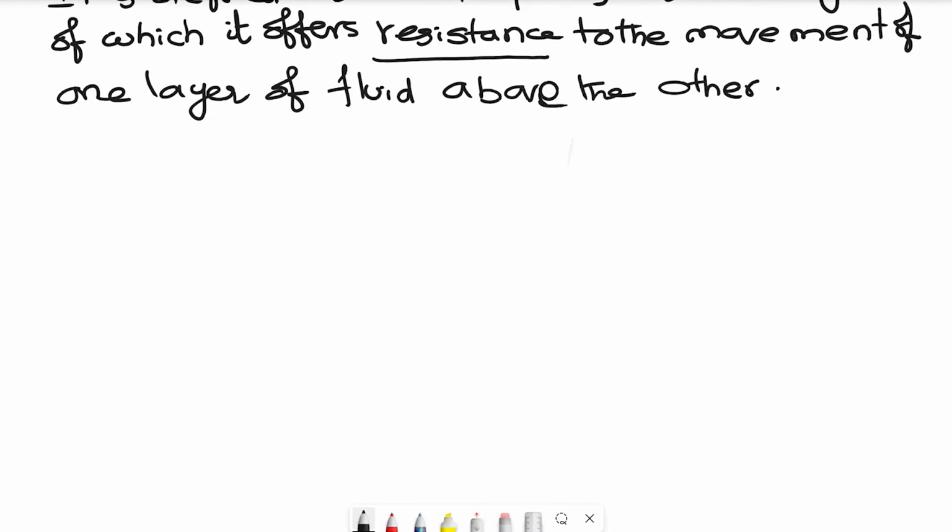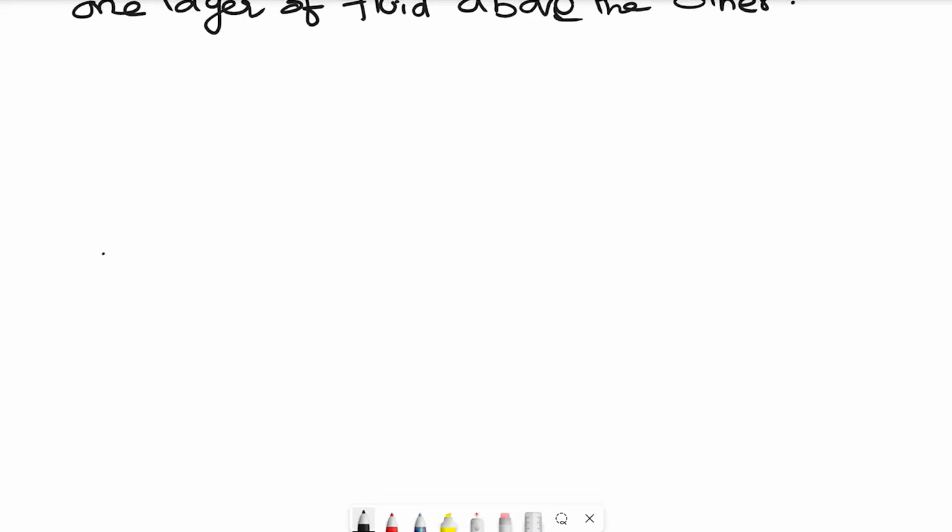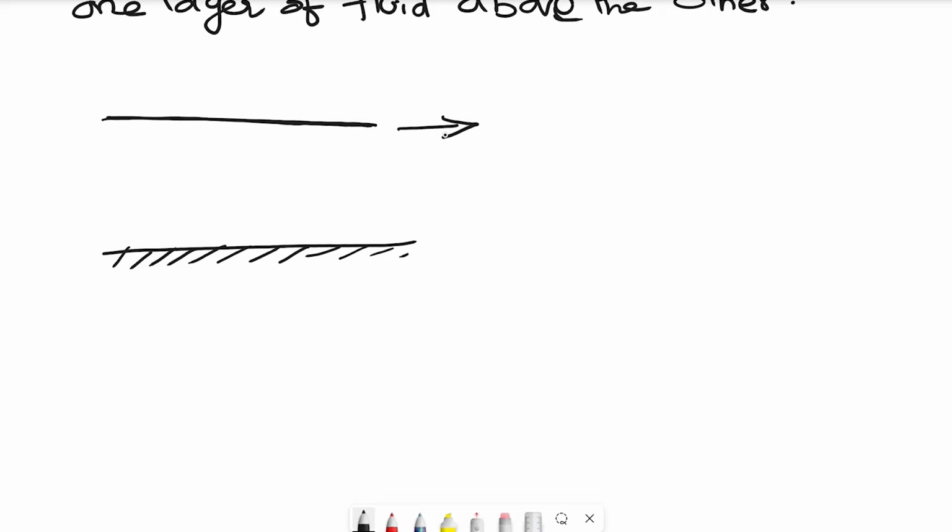For better understanding's sake, take a fixed plate. Now, this is another plate which we drag with a force F. The entire space between these two plates we have filled with a fluid.